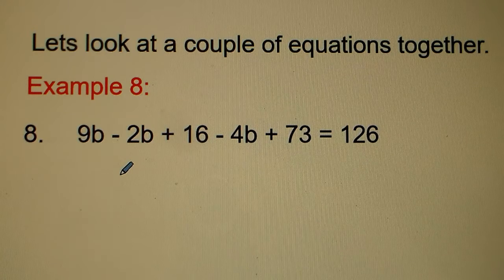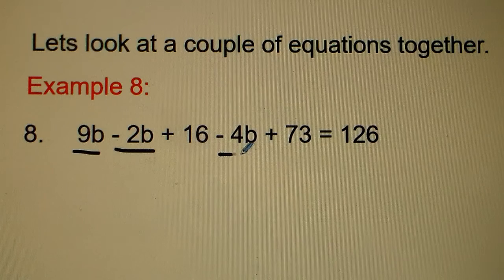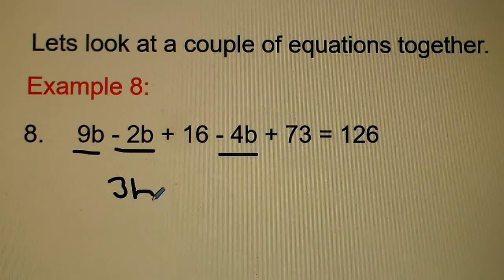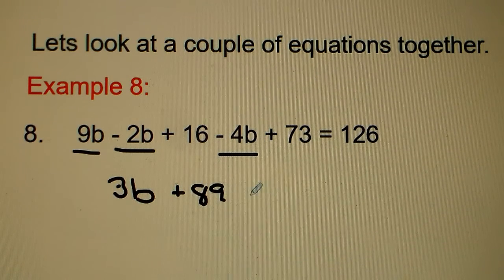And problem number 8, even though they're getting bigger and bigger, we can handle it. 9b minus 2b gets us 7b. And then 7b minus 4b gets us 3b. So we have 3 b's total. 16 plus 73 gets us 89, so positive 89. It's equal to 126.